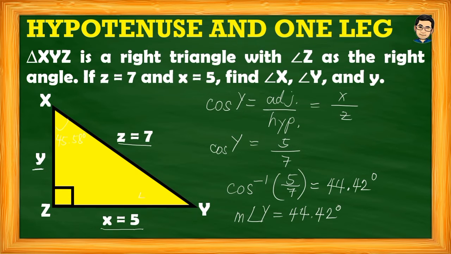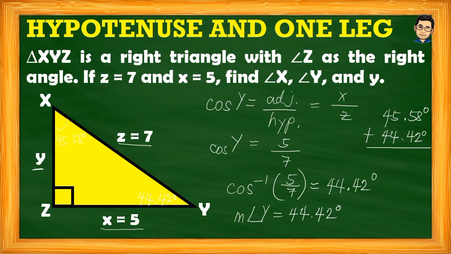Okay, simple lang. Di ba nakakuha tayo ng sagot na 45.58 degrees kanina? I-add natin yung nakuha nating sagot na 44.42 degrees. Kailangan ang sum niyan is 90 degrees. Sir, why 90 degrees? Because the sum of the interior angles of a triangle, any triangle, is always 180 degrees.